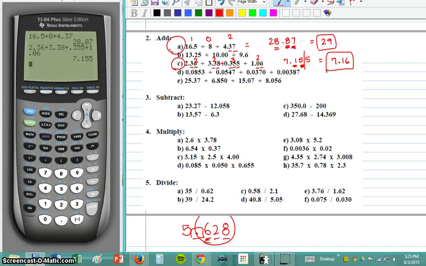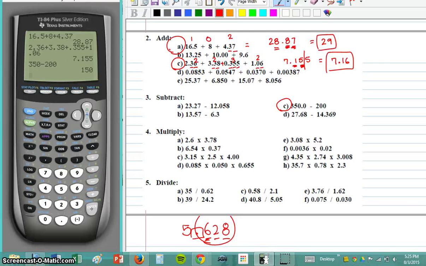These same rules apply when you are subtracting. So let's try C, this one right here. Put that in your calculator and tell me the correct answer. So we have 350 minus 200.